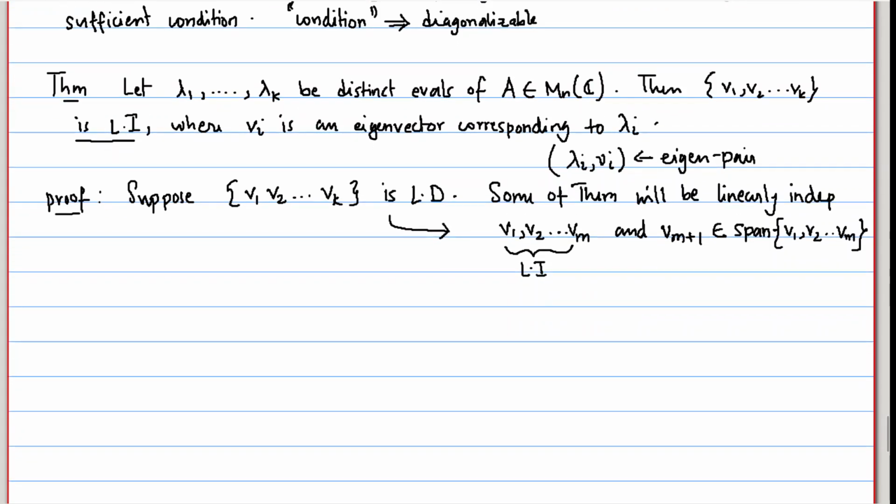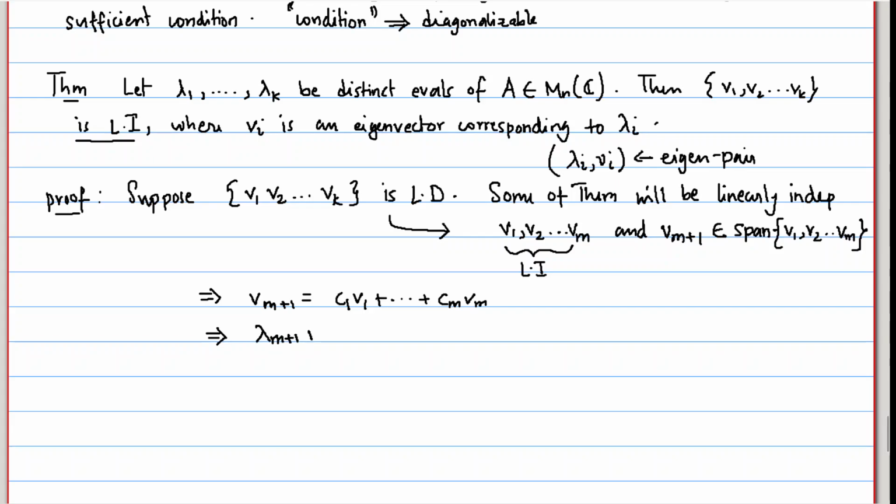But what does this mean? This means that Vm plus 1 can be written as C1 V1 up to Cm Vm. Now we multiply the entire thing by lambda m plus 1.